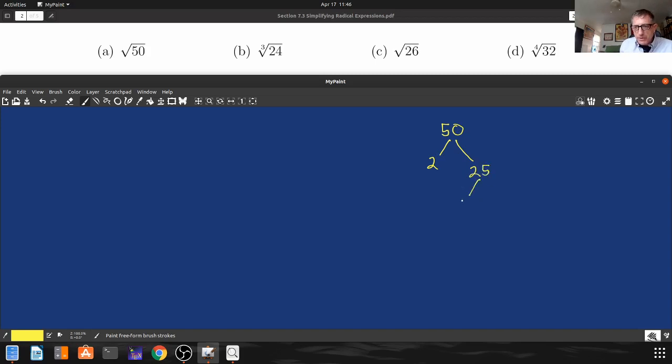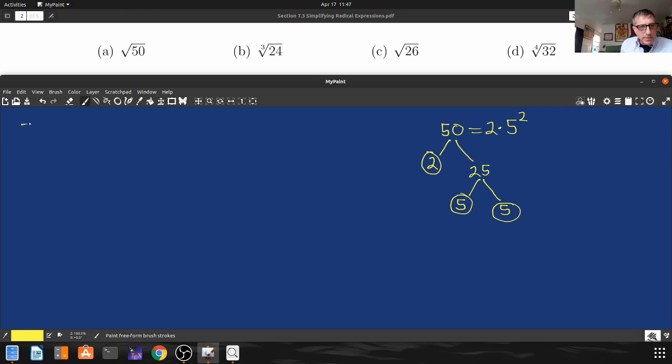So now 25 is clearly divisible by 5 because it ends by 5. So there are all of the prime factors. So literally 50 is equal to 2 times 5 squared. So that's what we're going to use. We're going to combine our two rules and the factorization of a given number to simplify these.